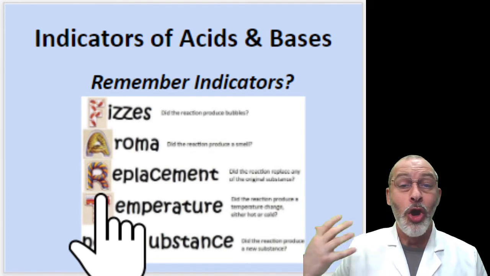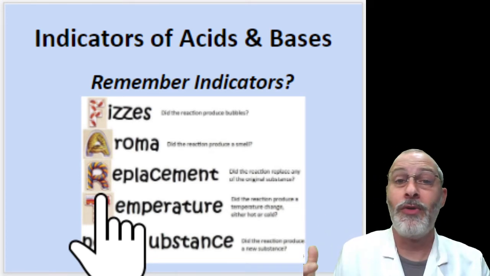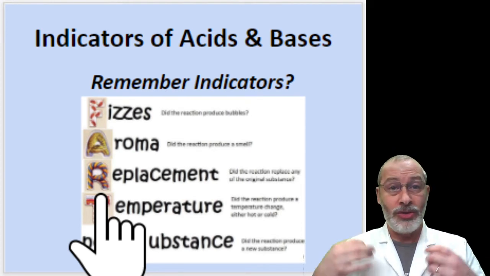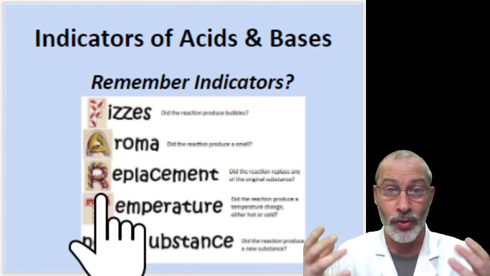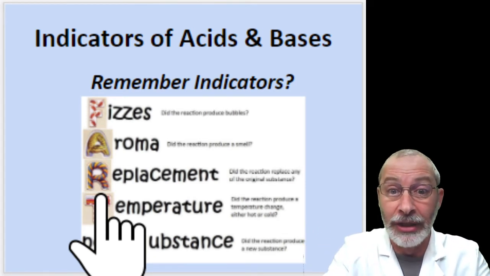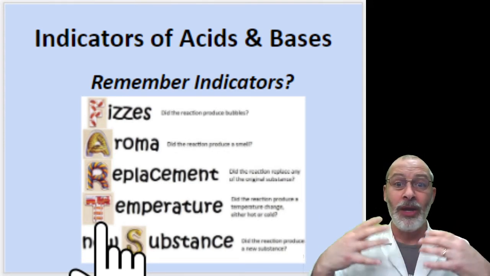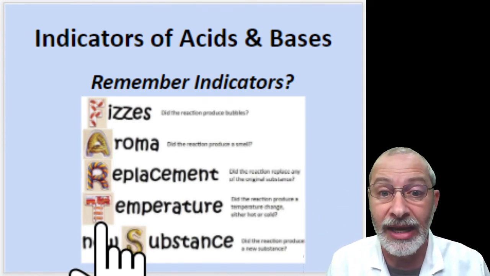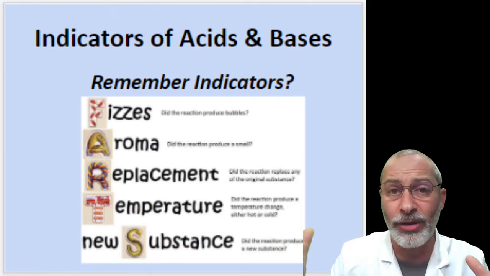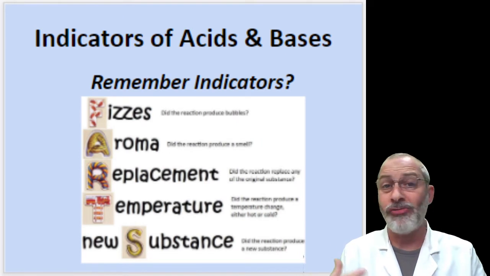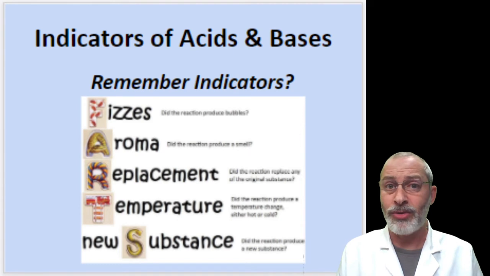If there is a replacement of one element for another, then we might see that dramatically with color changes or heat being released, like a temperature change, whether it's absorbing or releasing heat energy. If there's a new substance being formed entirely, these are some of the reminders here of indicators of chemical reactions.